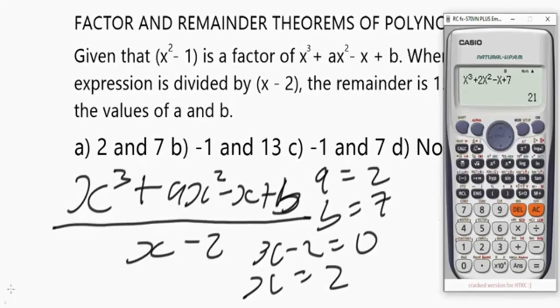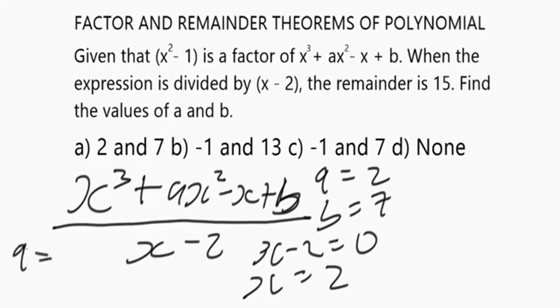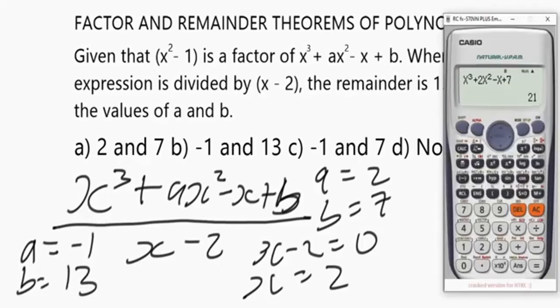This time around, we're going to take our a to be -1 and our b to be 13. So let's go again. The 2 is stored, it is still valid. Right now let's input x cubed.